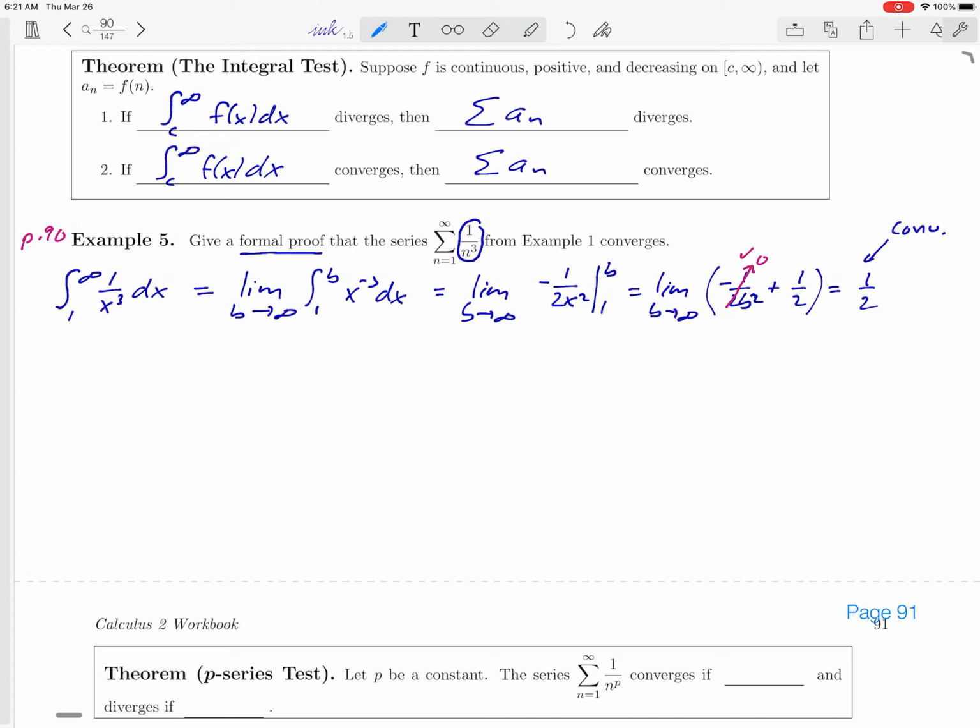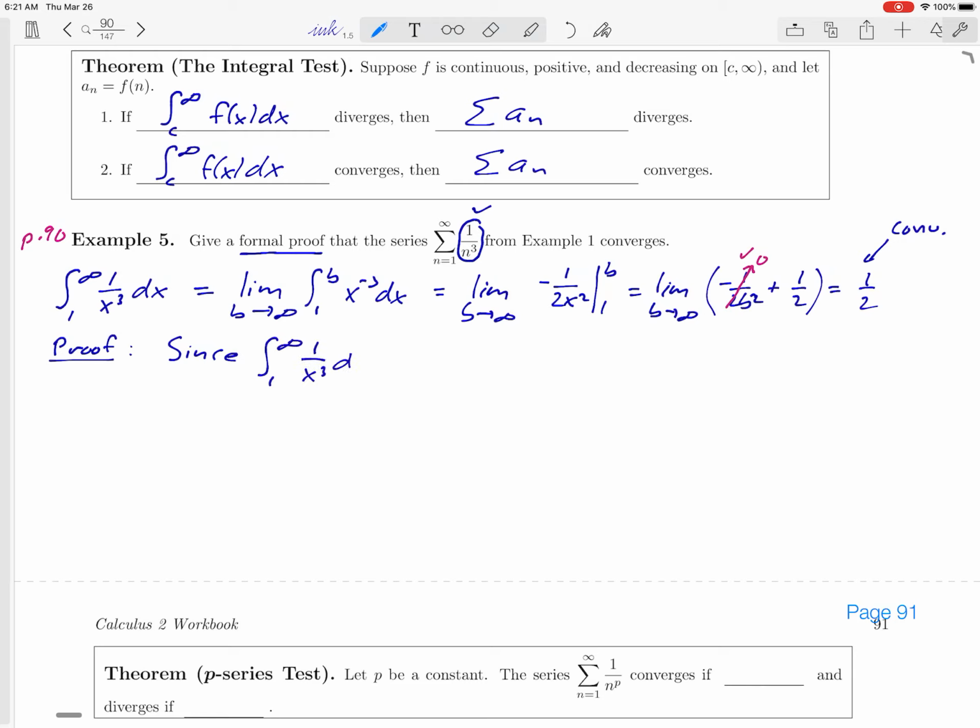All right, and so what the integral test would say is simply that since the integral that we just calculated is convergent, then the series 1 over n cubed that we were given in the problem must also converge. So here comes our proof. Basically we just need to put into one sentence how we put this all together.